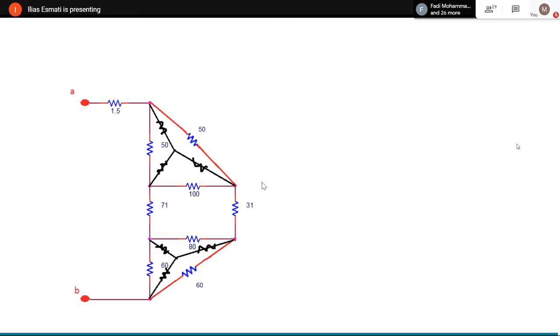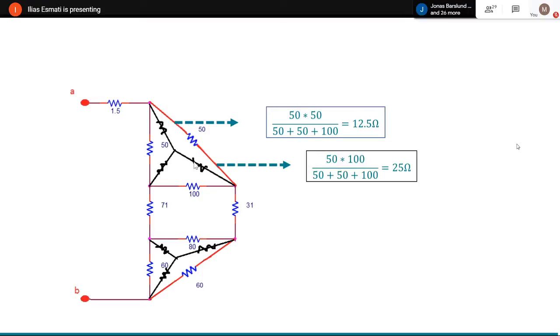What does it mean? It means now I can use the relationships to go from delta to Y. Since I know this delta, in this case, say 50, 50, and 100, the corresponding resistor for this one would be 12.5 ohm. This resistor would be 25 ohm, and this resistor would be 25 ohms.